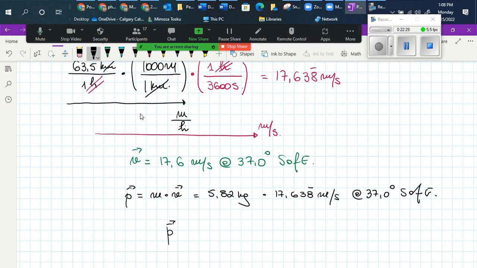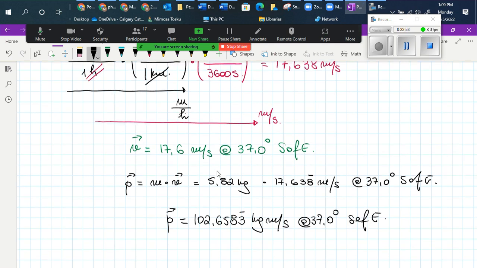And now momentum, what the calculator is giving us is 110.658 and then 3 repeating kilograms meters per second at 37 degrees south of east.